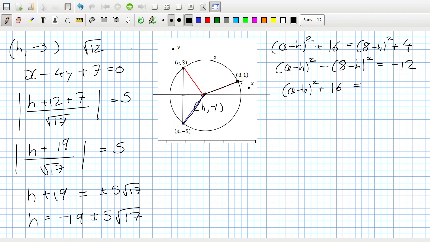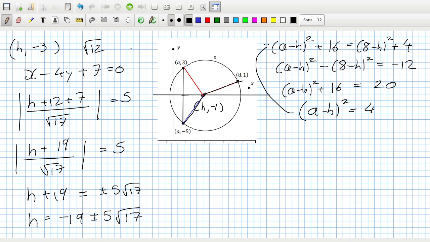Oh, you know what? I haven't used the fact that that distance is equal to the radius, which is root 20. So that should equal 20 then. Okay, that's good actually, because then I get a minus h squared equals 4.